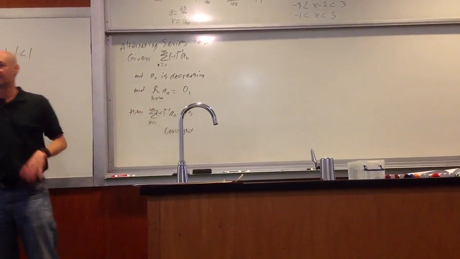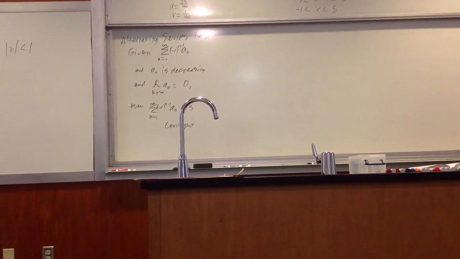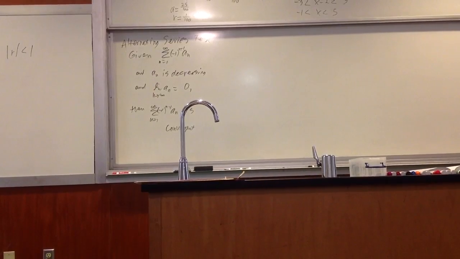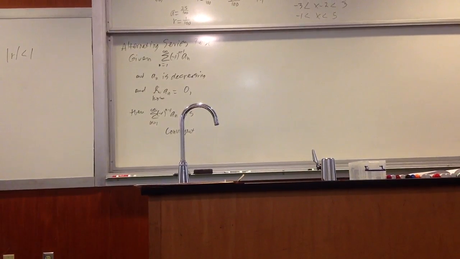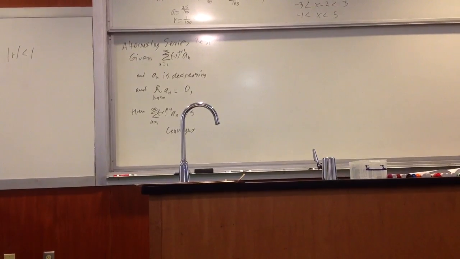Decreasing is a no-brainer. If something's always increasing and you're adding up those pieces, for sure it's not going to converge. Again, you can run the test for divergence. Let's try one.